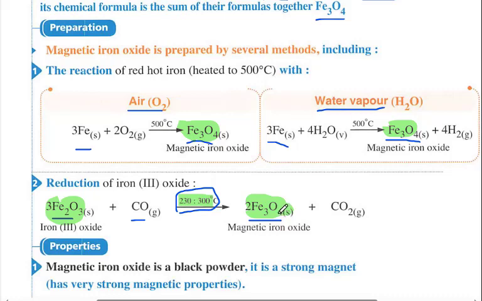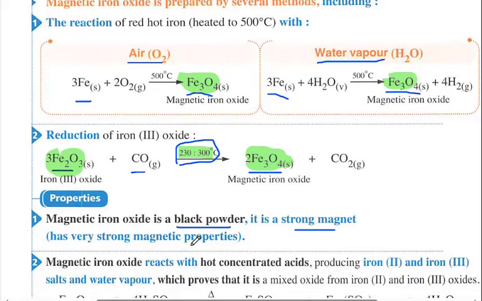The properties of magnetic iron oxide: it is a black powder insoluble in water. It has a very strong magnetic property. This is the only oxide which has magnetic property: magnetite, or mixed oxide, Fe3O4.